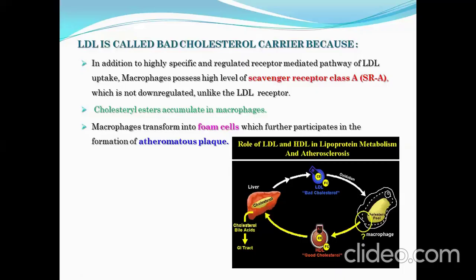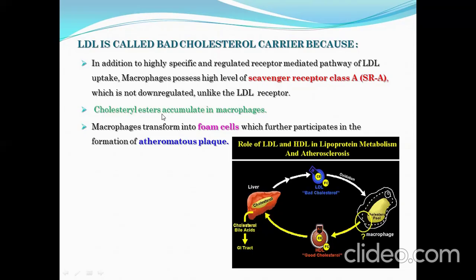So as I already told you, why is it called a bad cholesterol? Just see here, the mechanism. In addition to a highly specific and regulated receptor mediated pathway of LDL uptake, macrophages possess a high level of scavenger receptor class A, SRA molecules, which are not down regulated unlike the LDL receptor.